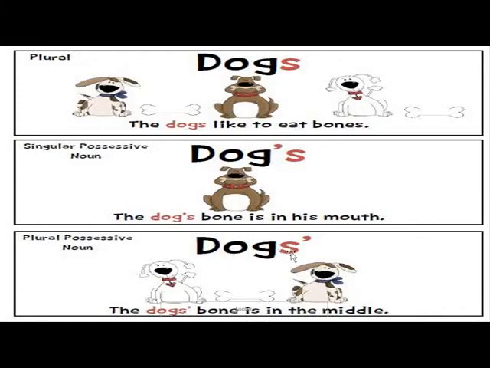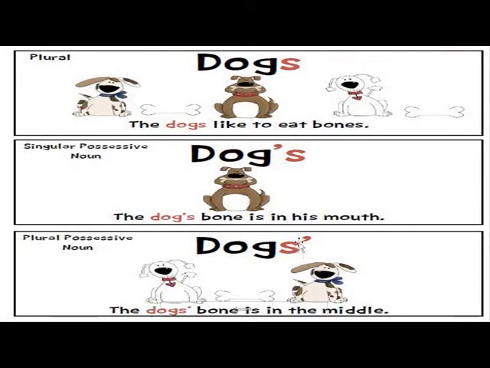See here, dogs ends with S. So when I want to talk about these dogs and their bones, what should I do? How can I use the apostrophe?